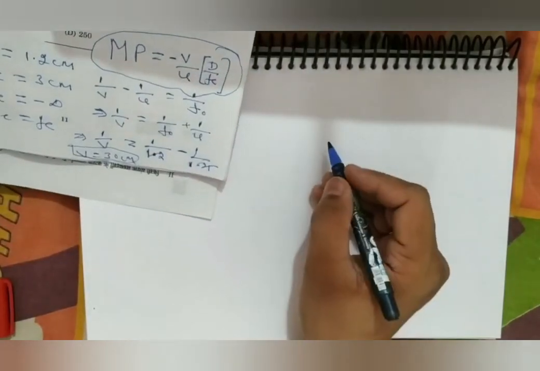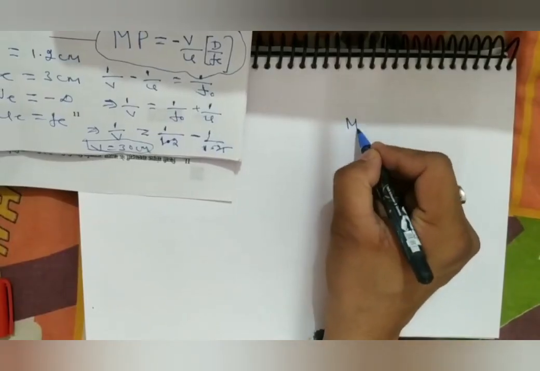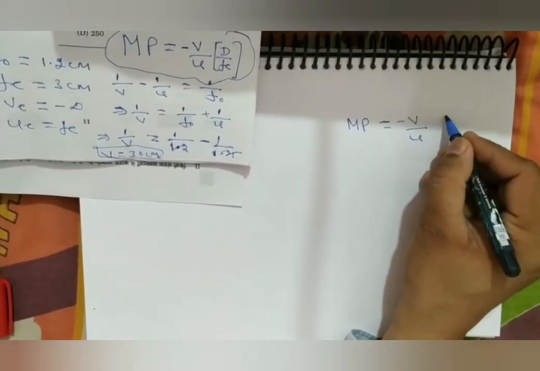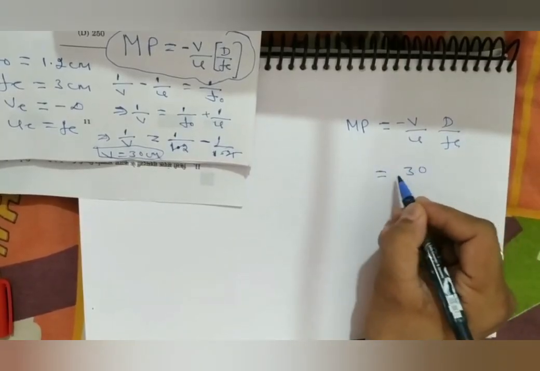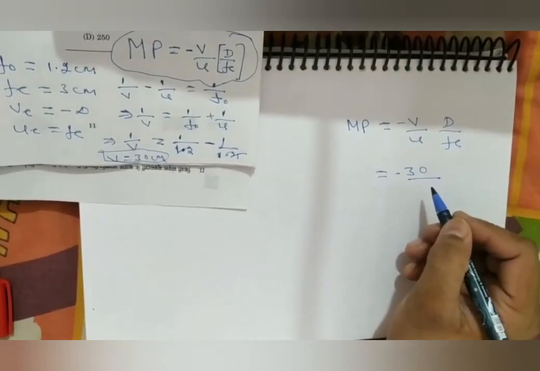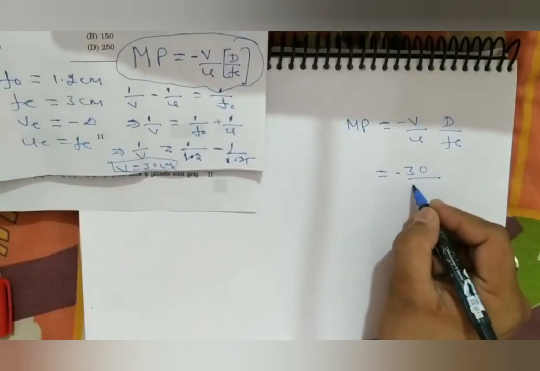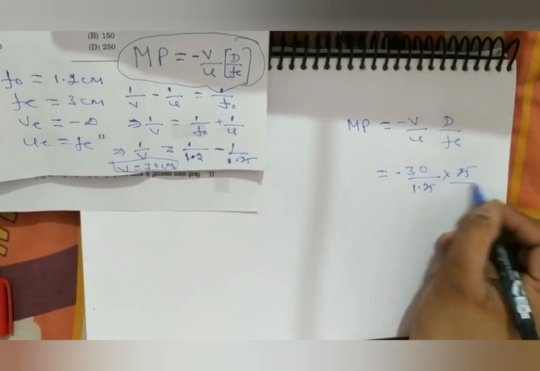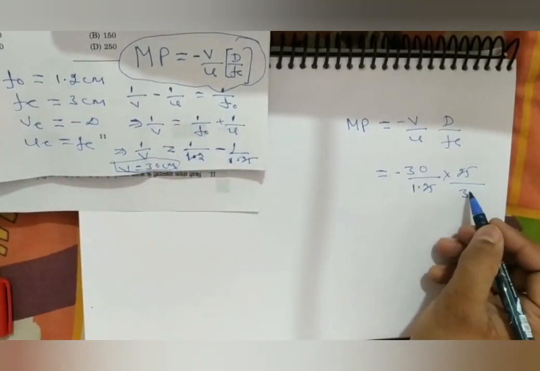Here the magnifying power is minus v upon u into d upon fe. V is 30 centimeter, u is 1.25, d is 25 and fe is 3 centimeter.